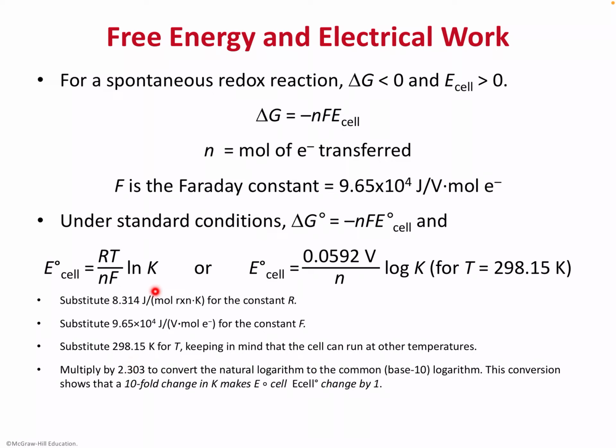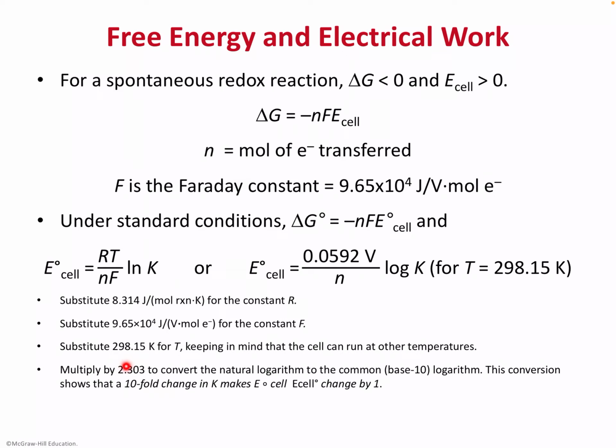And then this explains how you can get this equation from this equation. E naught cell equals RT over nF ln K, or you can say E naught cell, by substituting these values that are given here: R gas constant, temperature, this temperature, n is number of moles, 1, and this is the Faraday constant.